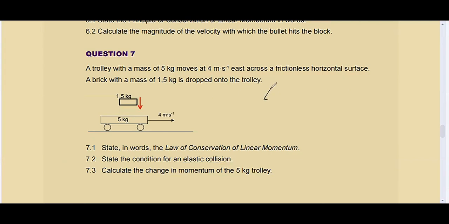How to calculate change in momentum? So we say change in P, that's mass, Vf minus Vi, right? And then a trolley with a mass of 5 kg moves at 4 meters per second east across a frictionless horizontal surface. A brick with a mass of 1.5 kg is dropped onto the trolley. So what are we supposed to do here?